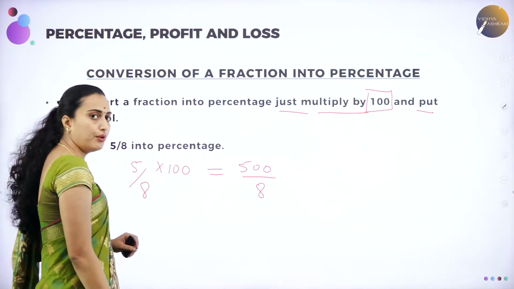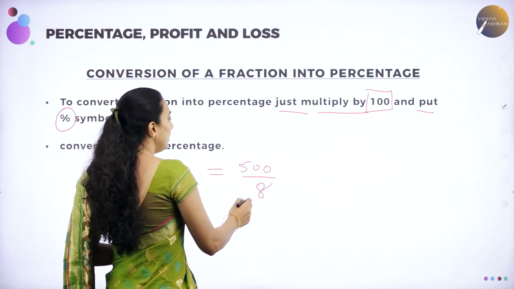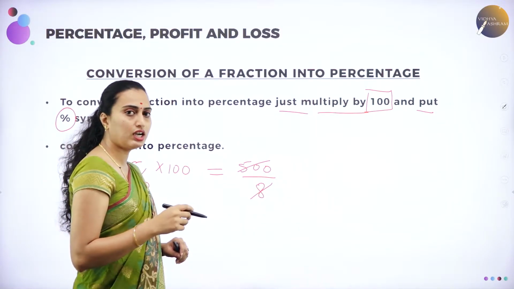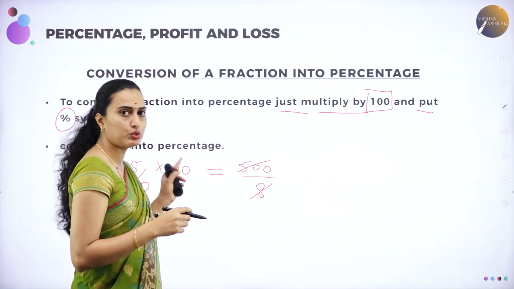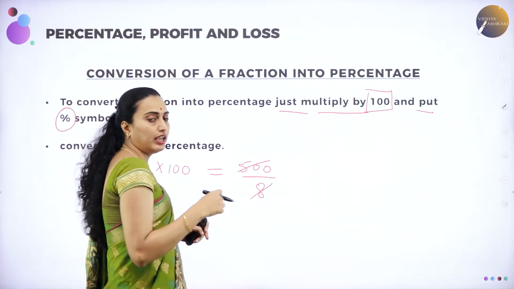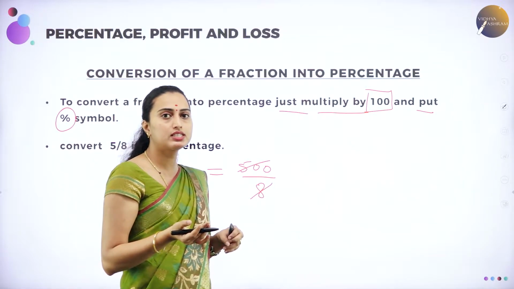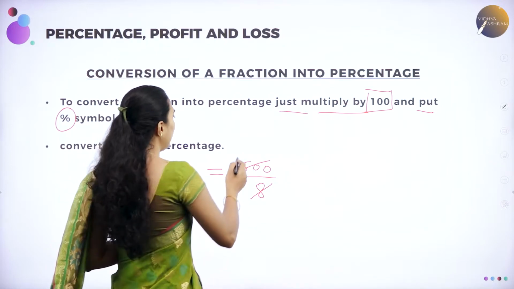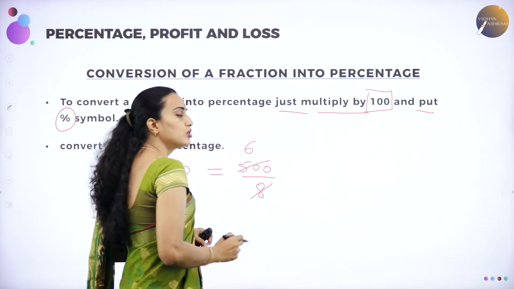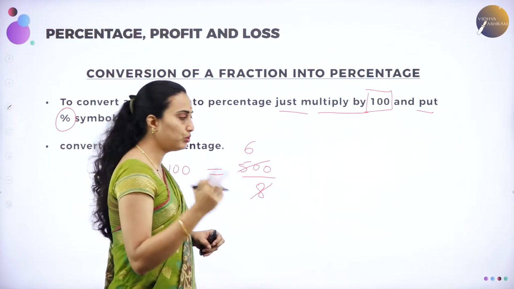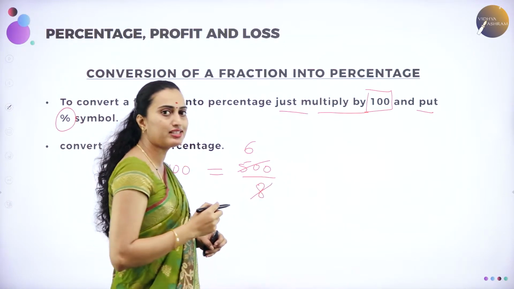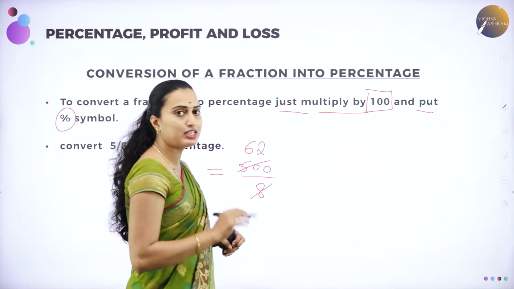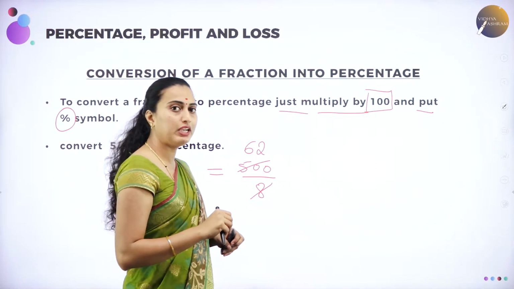Now you can divide that. 8 ones are 8, 8 twos are 16, 8 threes are 24, 8 fours are 32, 8 fives are 40, 8 sixes are 48. So the remaining will be 2. Again 20: 8 twos are 16. The remainder is 4, but 4 cannot be divided by 8.